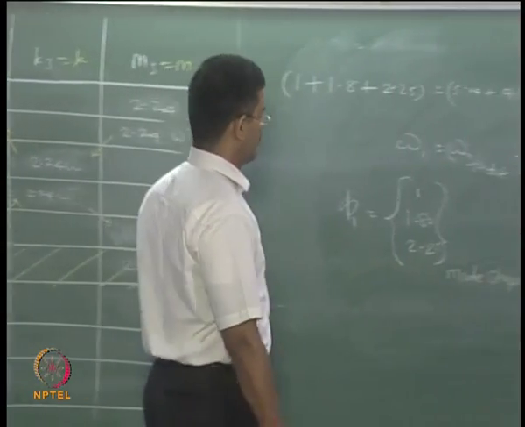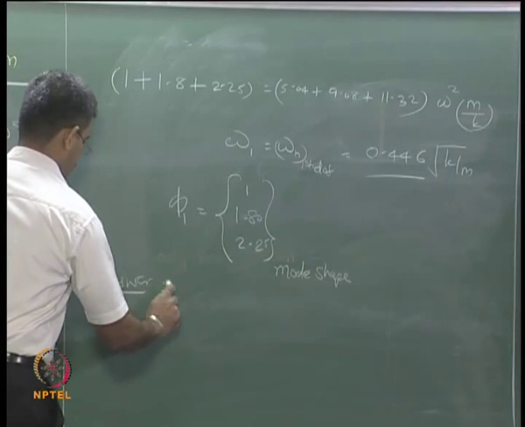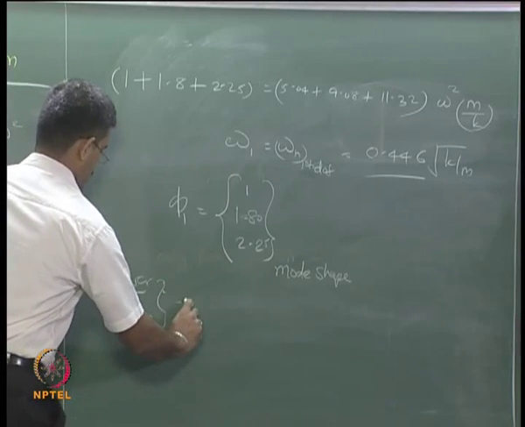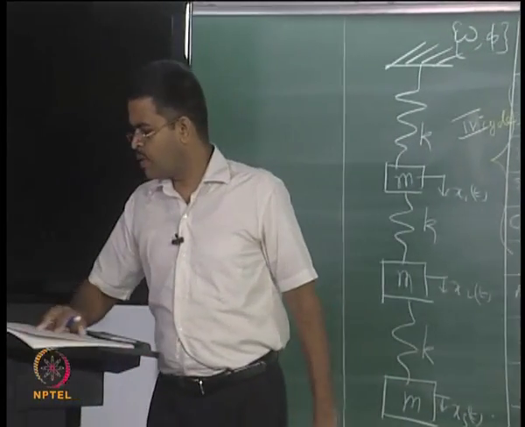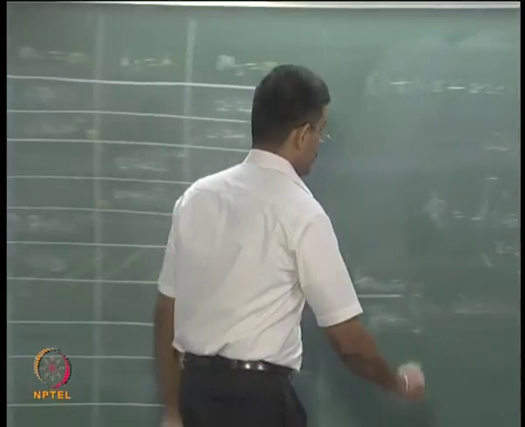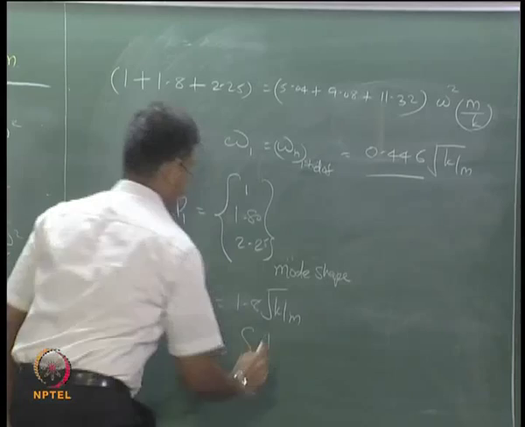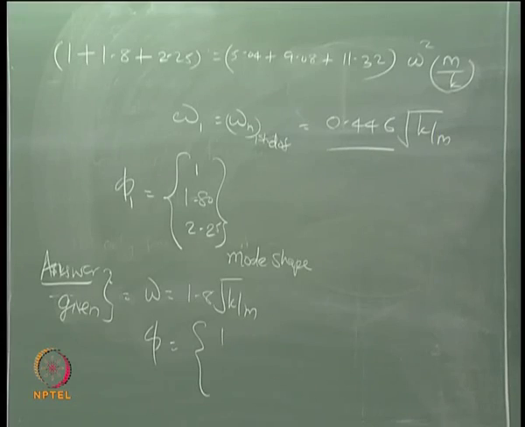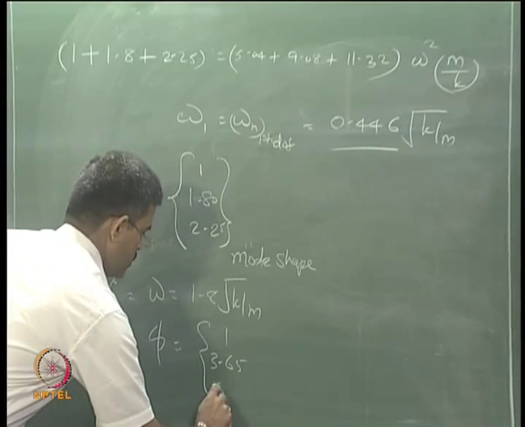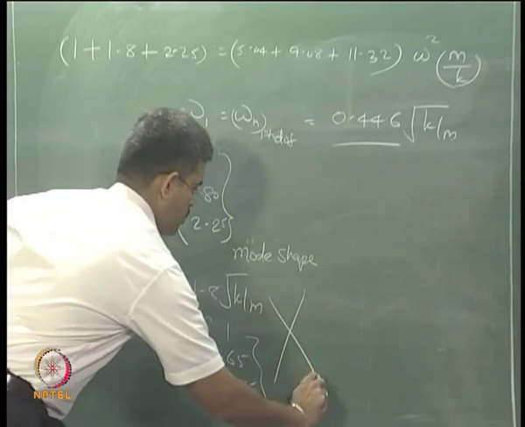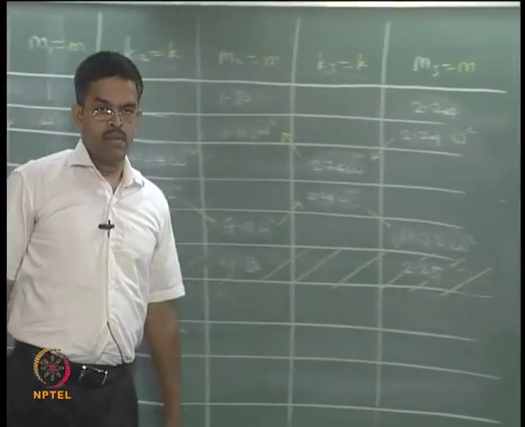So the answer given by the student in the last class was the following: omega was 1.8 root k by m and phi was 1, 3.65 and 5.125, which is wrong.